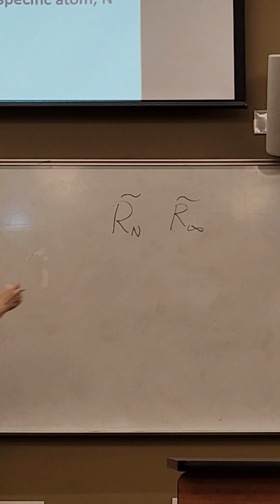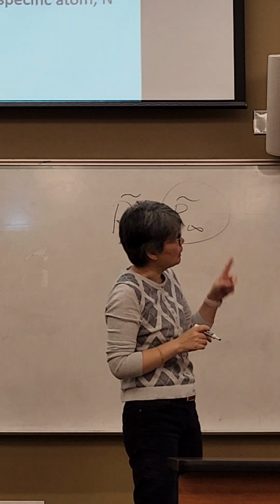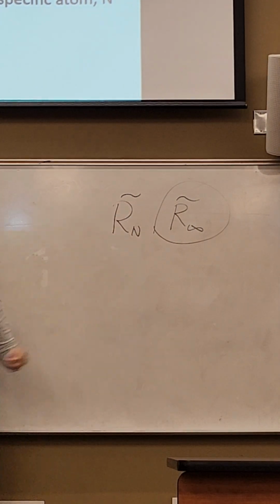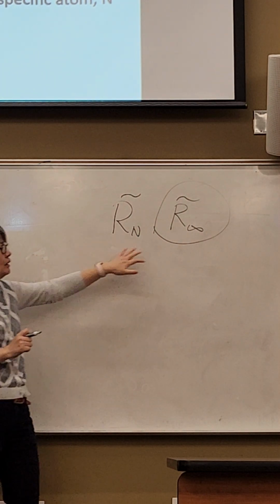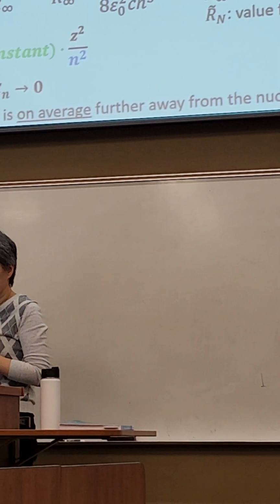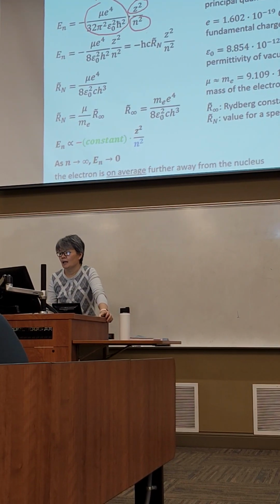This is the Rydberg constant indicated here. This one is the Rydberg constant related to a particular atom, but those two are related. So you can group a bunch of constants and substitute them with the Rydberg constant. That's about it.